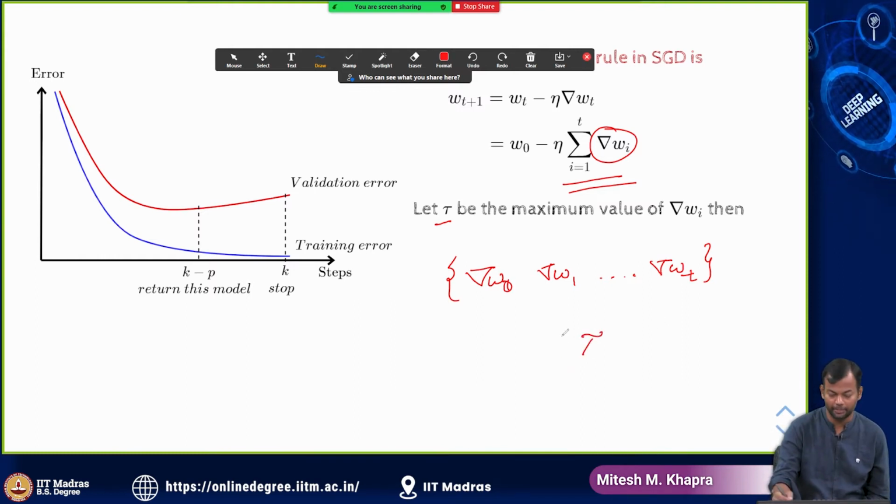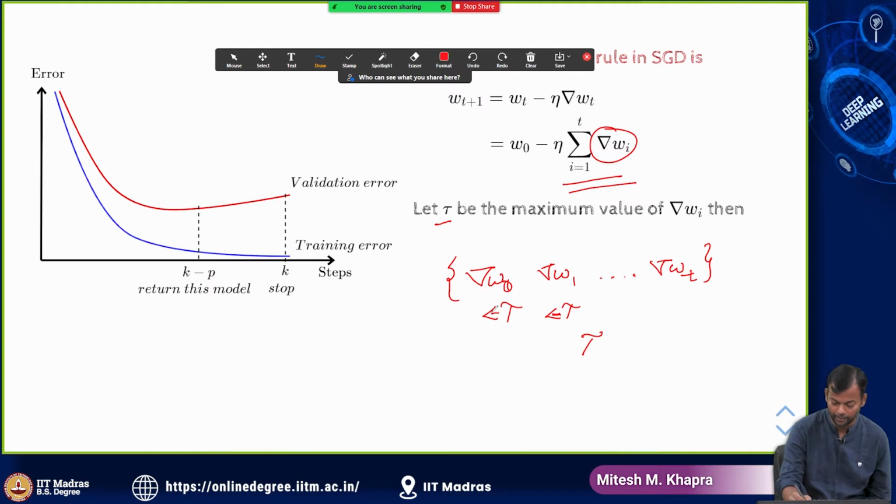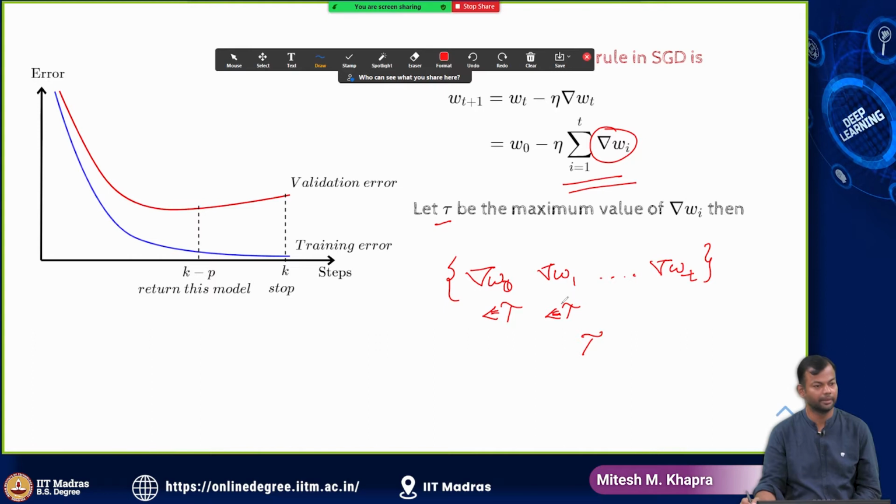What does that mean? It means that each of these quantities is going to be less than or equal to tau at best. Okay, that is what it means, right.